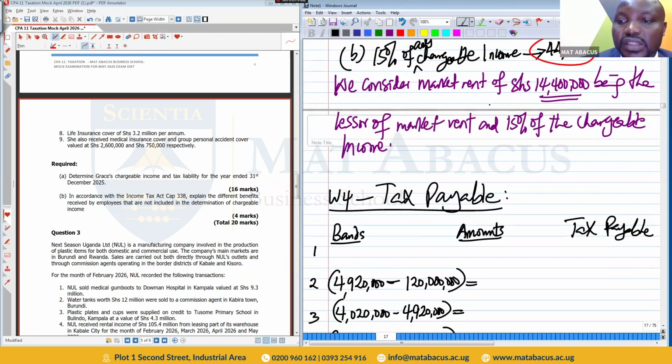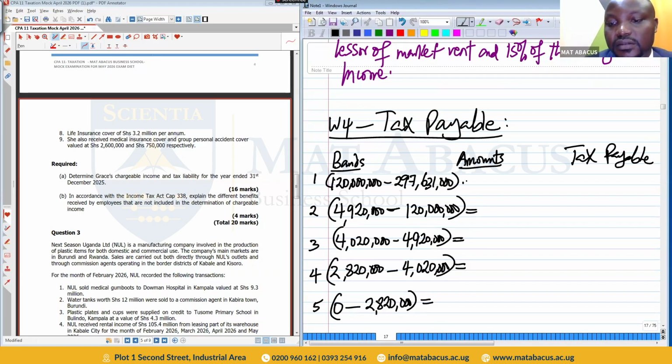Now, it means that the remainder is taxed in the last band, which is now 120 million minus 297,631. So then we have that, and we provide the tax. So get the difference.